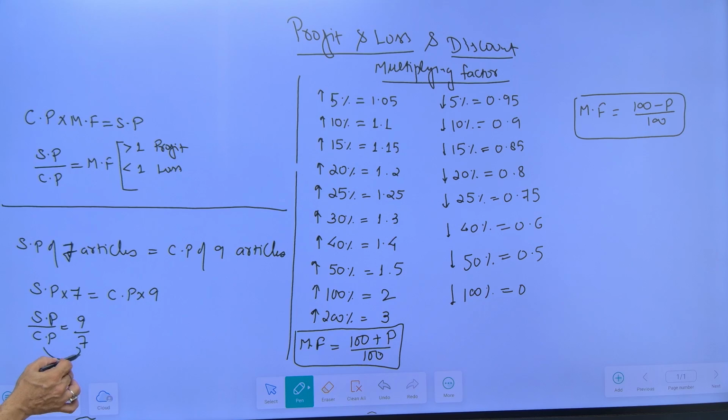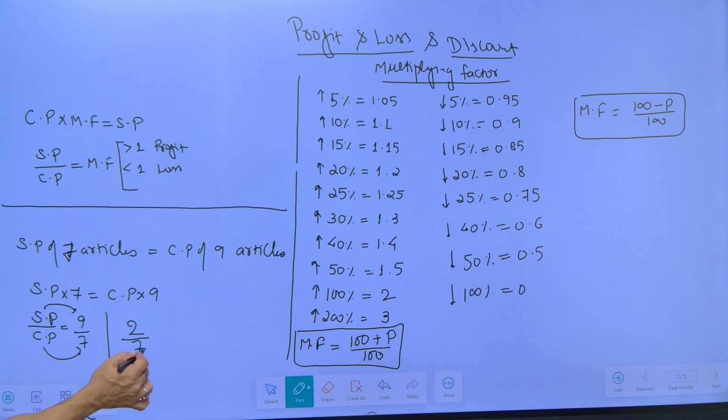So if cost price is 7, selling price is how much? If cost price is 7, what is selling price? That means you purchase something in 7 and selling it at 9. So profit is always calculated on cost price.